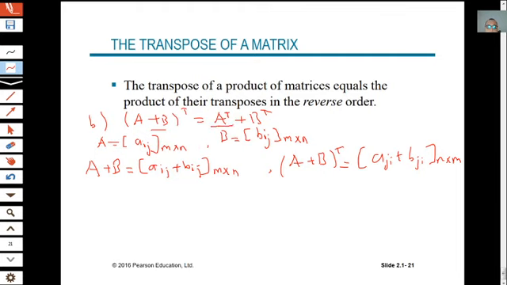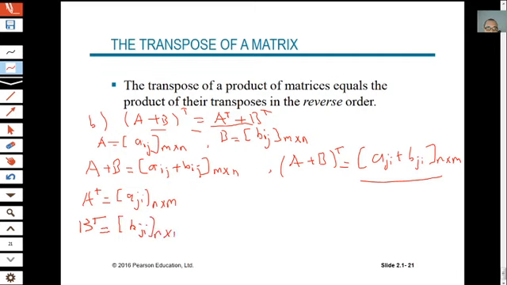And let's look at the right side of this one, namely A transpose is equal to Aji, n by n. So we should get the same result to say that this equality is valid, and B transpose is equal to Bji, n by n.